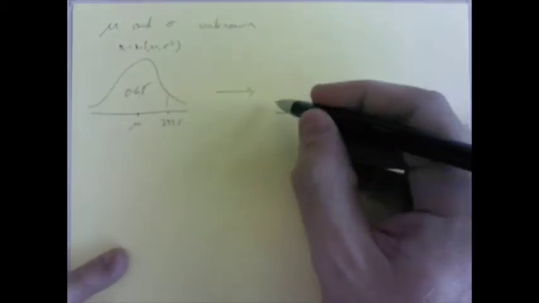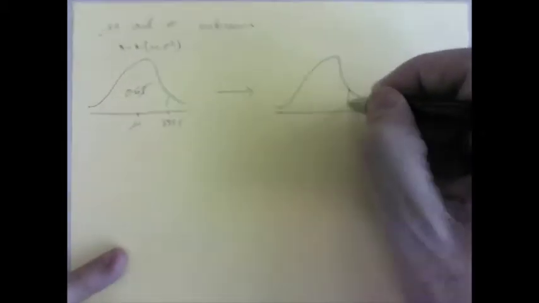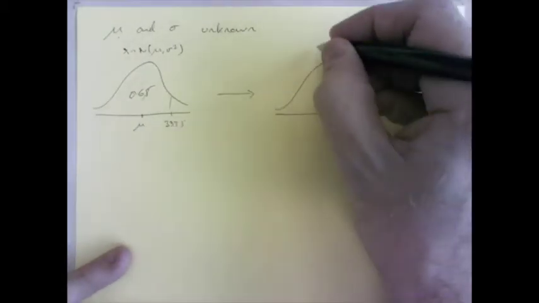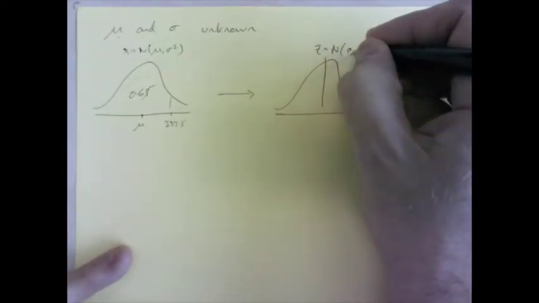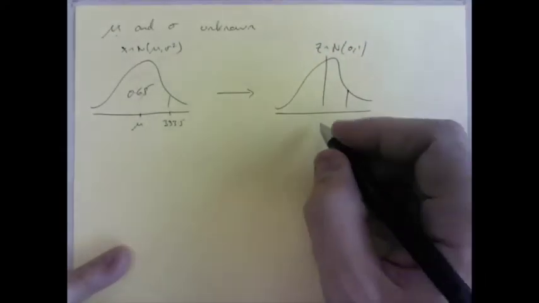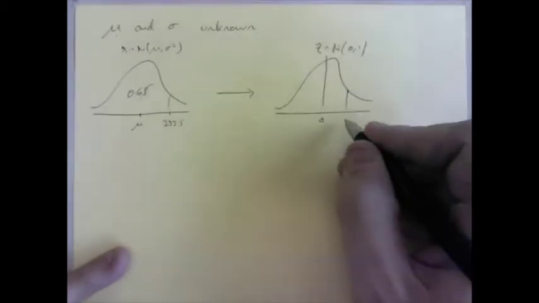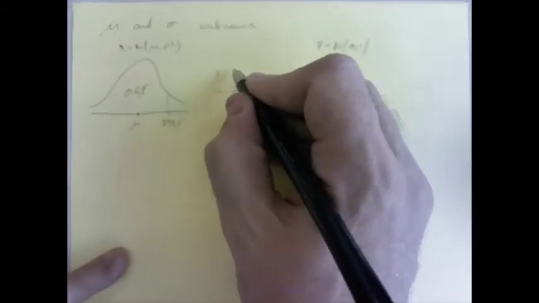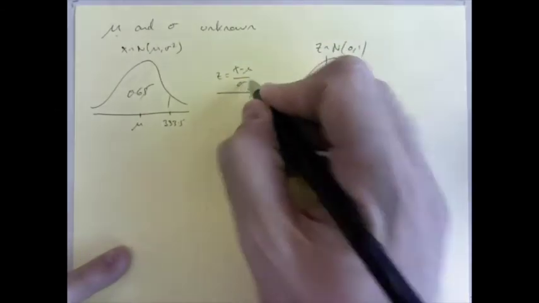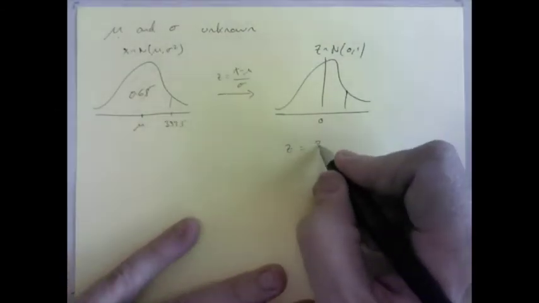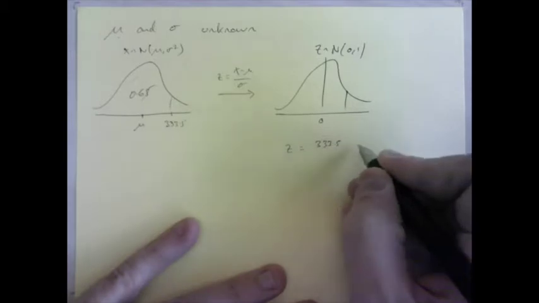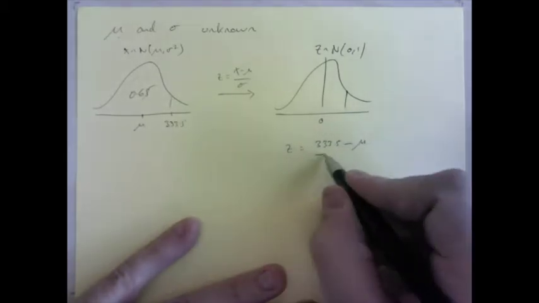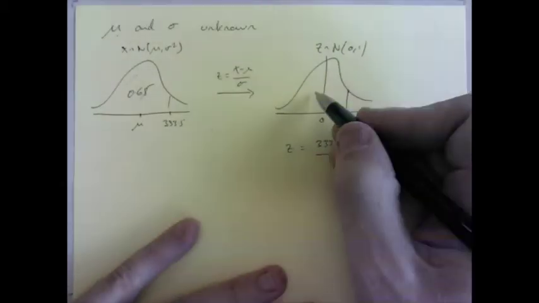I carry on just as I did before. This would then be z is normal 0, 1. That's 0. This conversion now, with z is x minus mu over sigma, of course, would become 333.5 minus mu over sigma. The mean's unknown, and so is this.